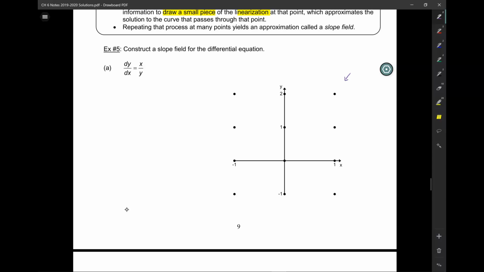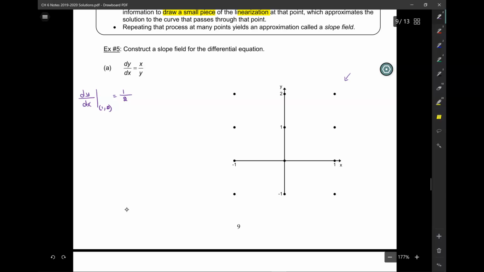That's the point (1, 2). Is that right? So I say, okay, dy/dx evaluated at (1, 2) is x over y. So if x is 1 over y is 2, that's a half. That means here I have to draw a segment which will have a slope of 1/2.